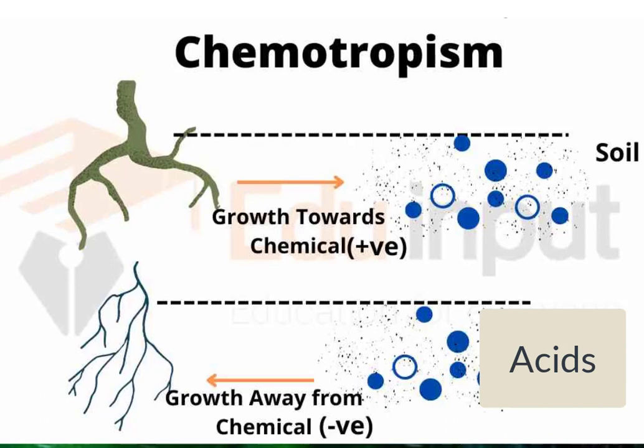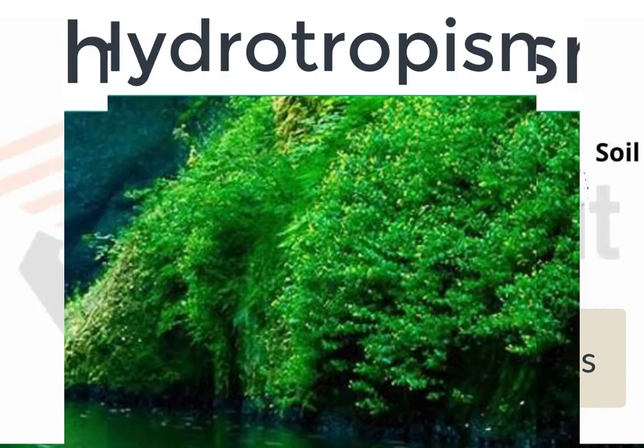An example of positive and negative chemotropism is shown by a plant's root. The roots grow towards useful mineral substances, displaying positive chemotropism, and roots grow away from harmful acids, displaying negative chemotropism.